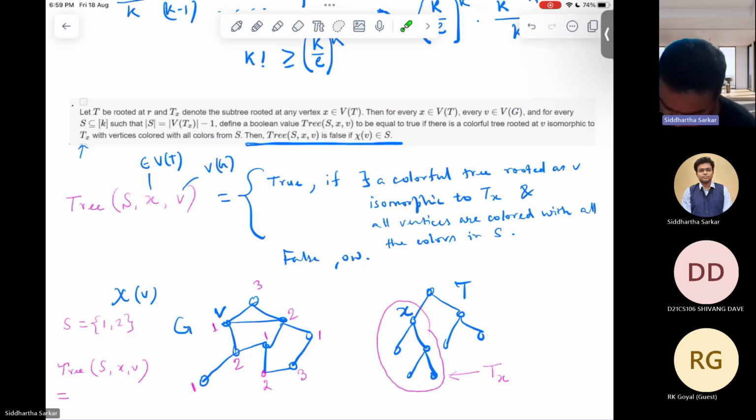So in this case, do you see any colorful tree rooted at V which is isomorphic to this?